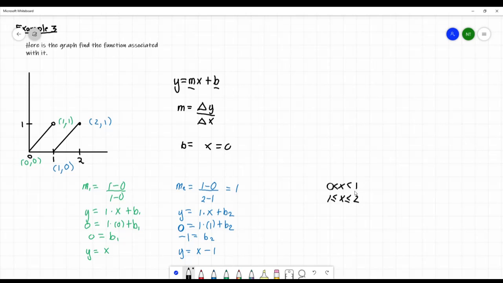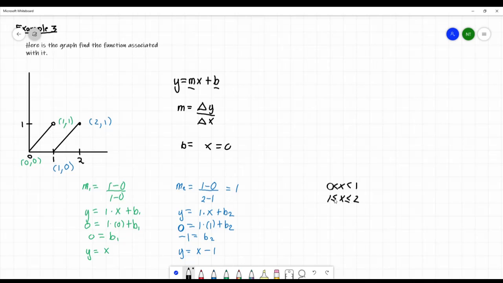Why am I doing less than 1? It's because of this open circle here. This open circle means that the point 1, 1 is discontinuous from here, and it goes to here. The point 1, 1 is not on this part of the domain. It's not described in this formula. It's described in this formula.